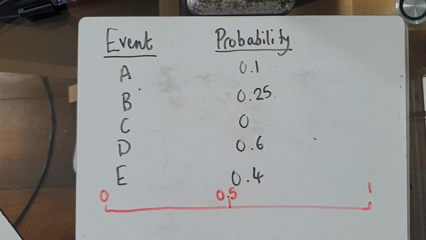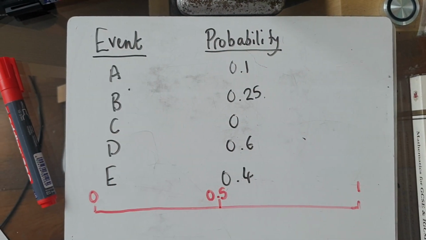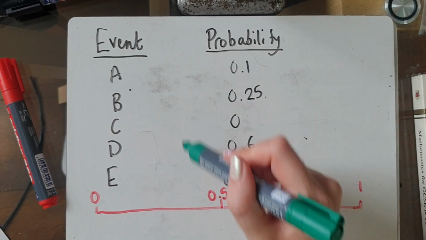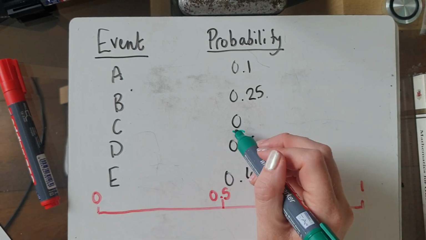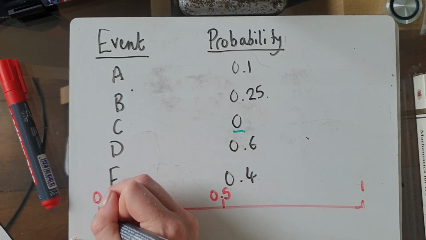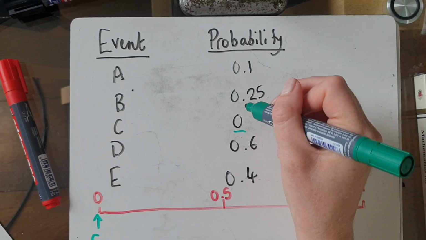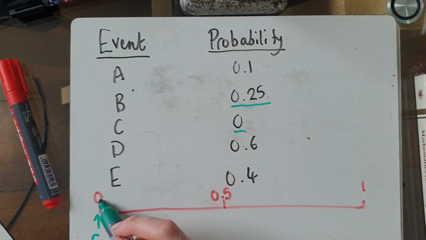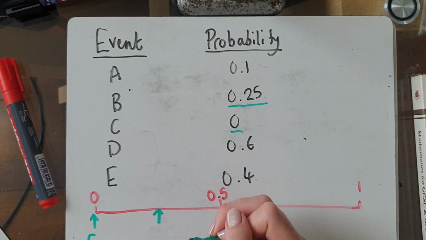This makes it easier then to put the events on the scale. So let's have a look down the list. Which ones are easy to mark? Well, this is clearly very easy to mark. This is 0, so C would go here. This one's also quite easy to mark. It's 0.25, so it's halfway between 0 and 0.5, so that can go there.